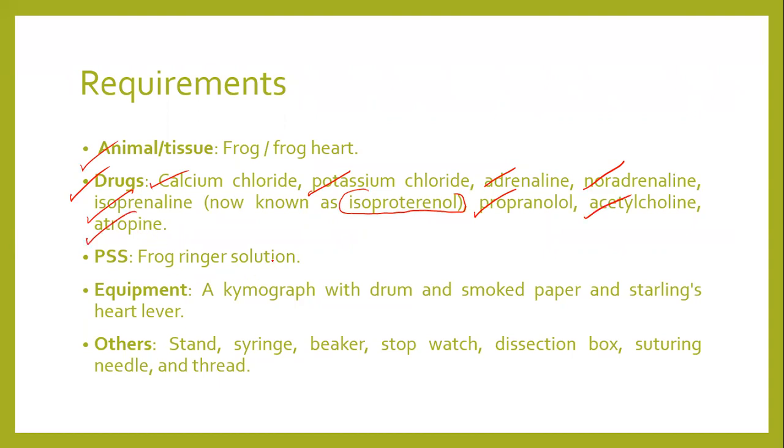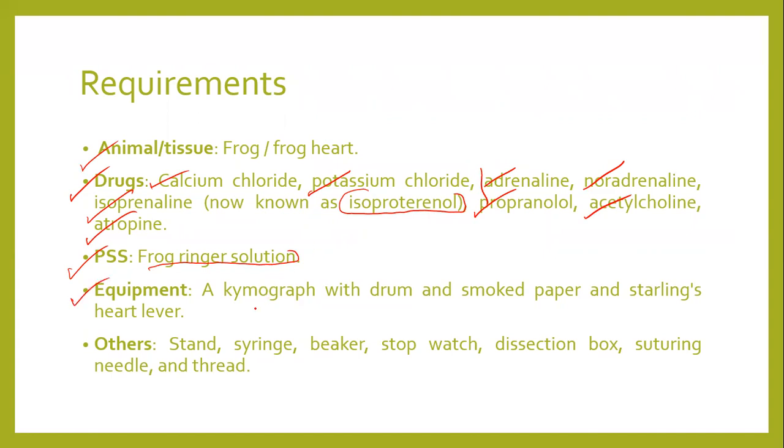You should be able to tell the category of each and every drug from this onwards. Next is the PSS, that is frog Ringer solution, specific for the frog heart.